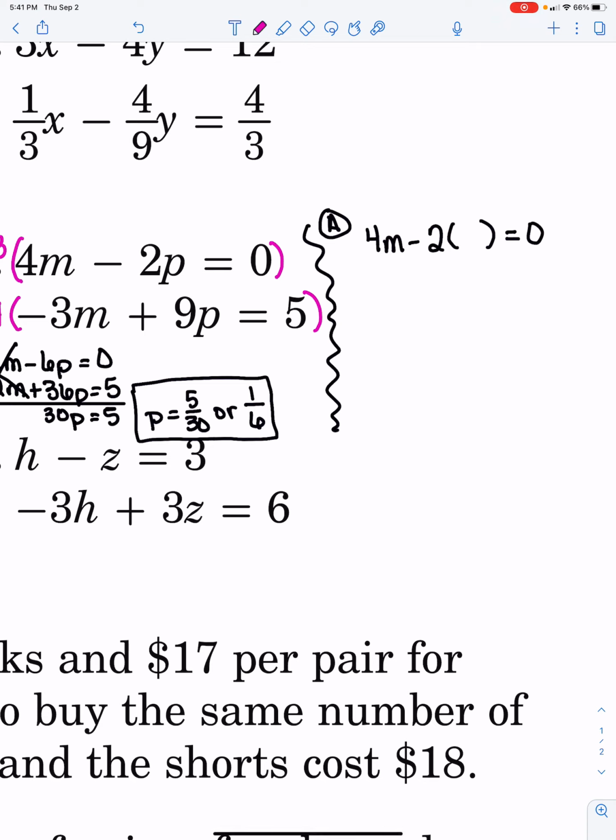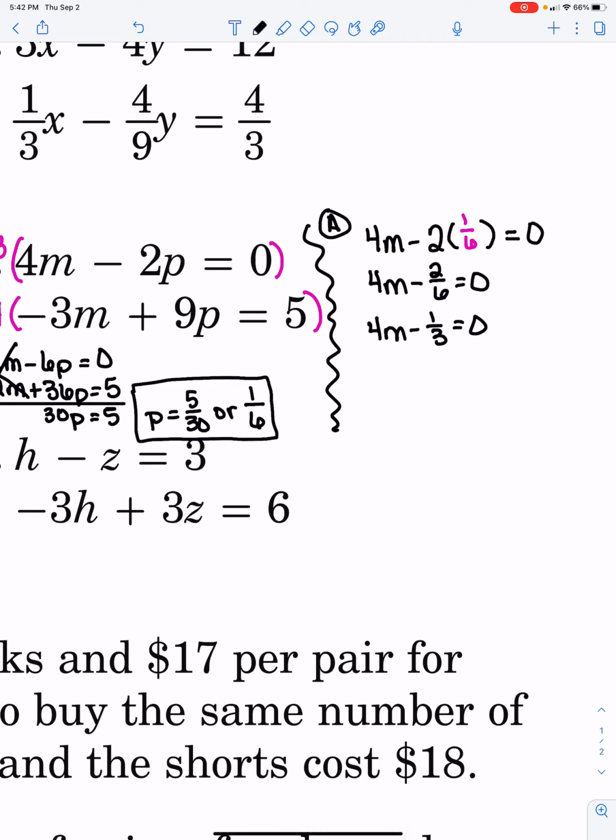The value of p is 1 over 6. So I've got 4m minus 2/6 is equal to 0, or 4m minus 1/3 is equal to 0.